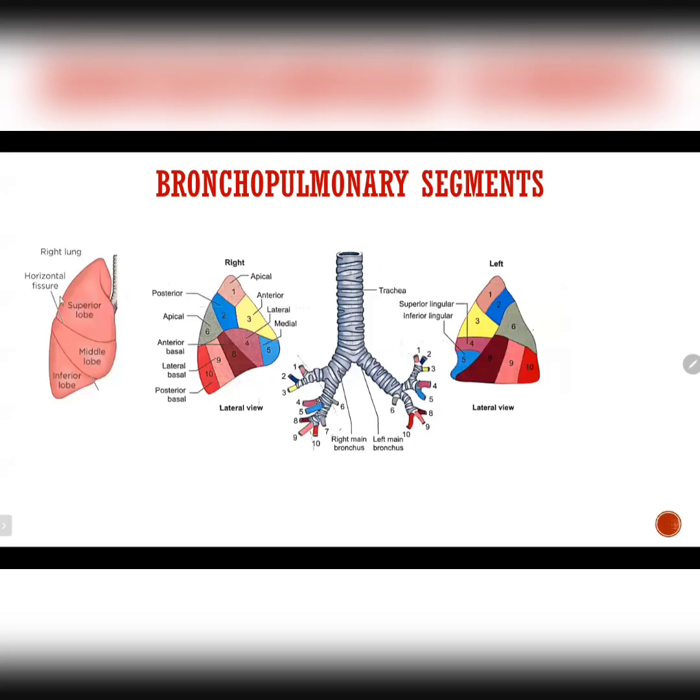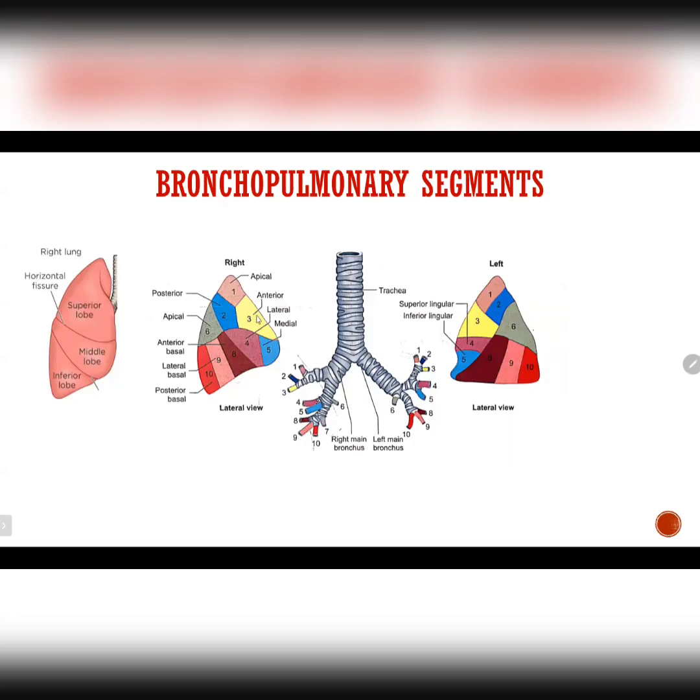Yes. So for right lung, this is the superior lobe. I want you to correlate that with this diagram of bronchopulmonary segments as well. In this diagram, this is the superior lobe. The segments are labeled as 1, 2, and 3.